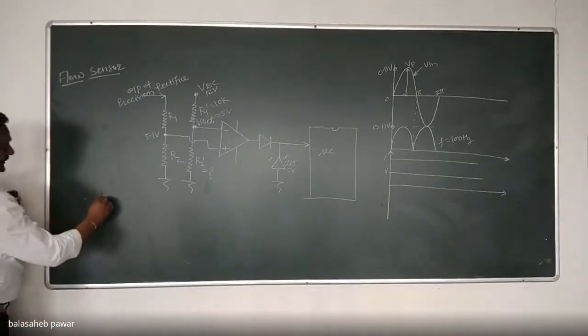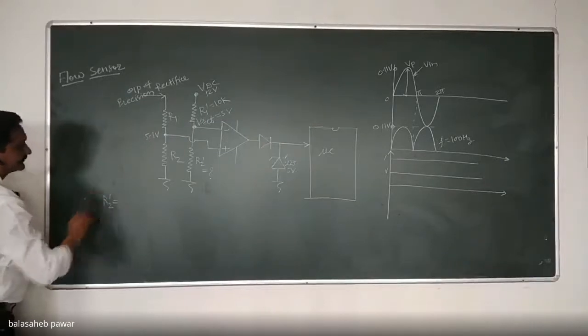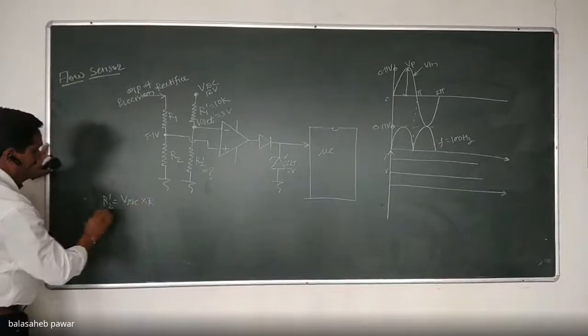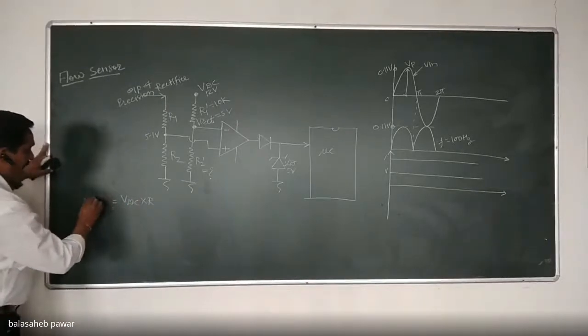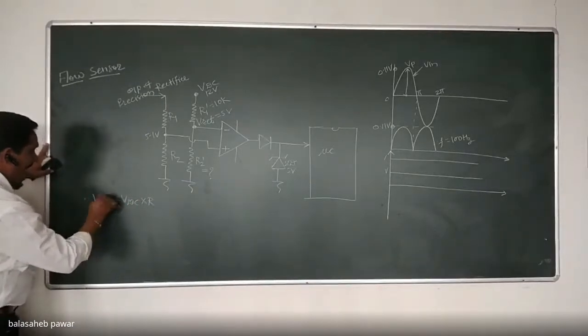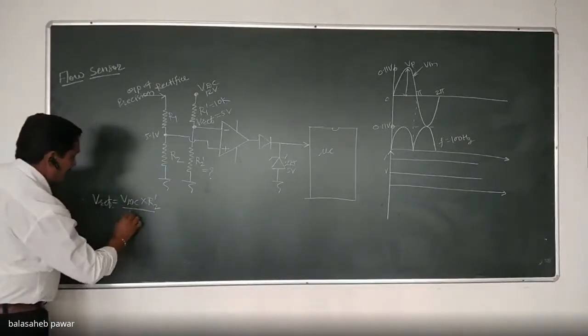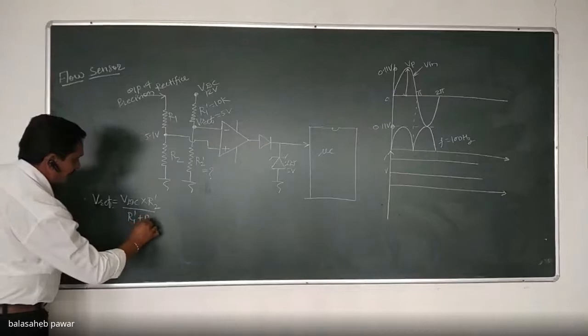So V reference equals VDC into R2 dash divided by R1 dash plus R2 dash.